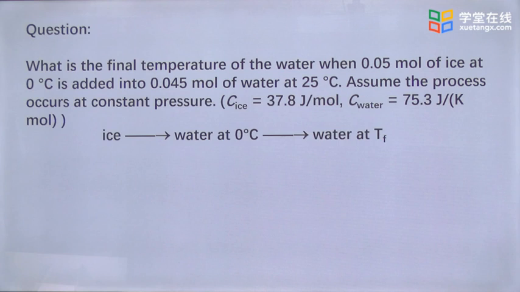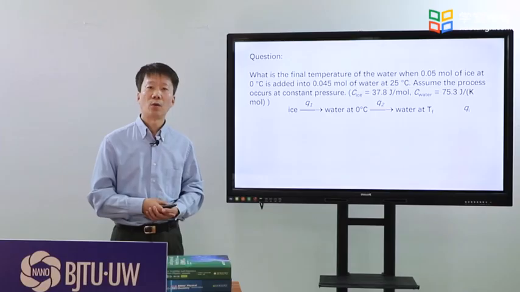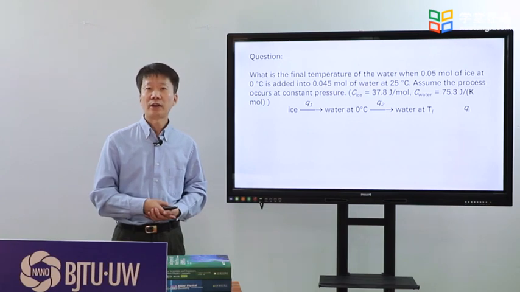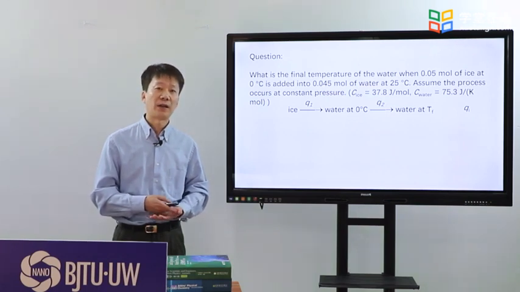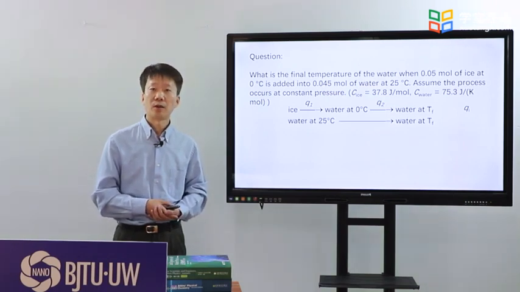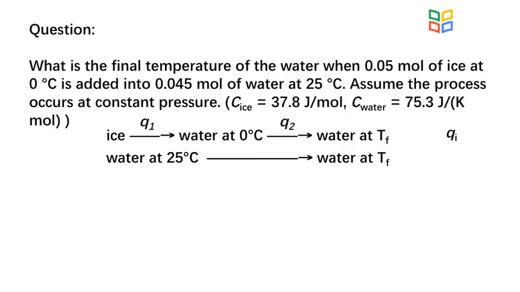Heat QI is absorbed, and QI includes Q1, heat for phase change, and Q2, heat for warm up. While the water bath will give off heat to warm the ice, warm the water from ice up till no heat exchange between.